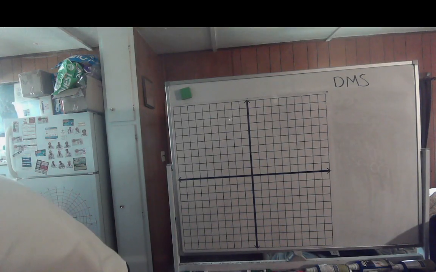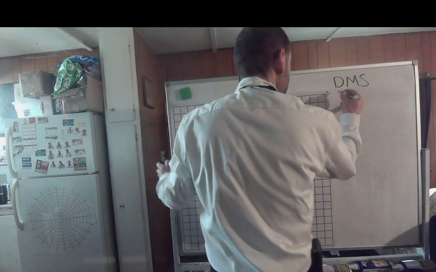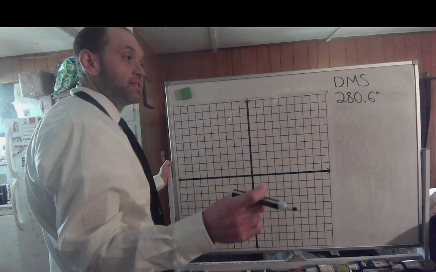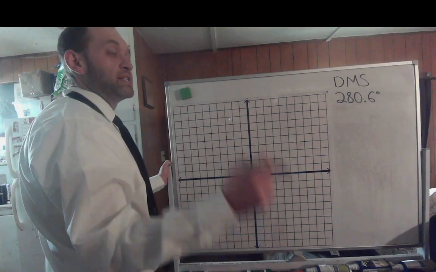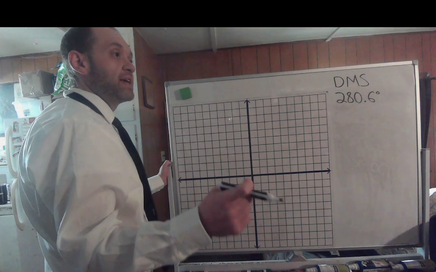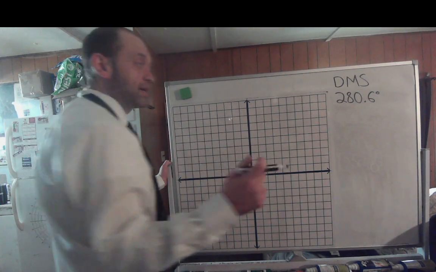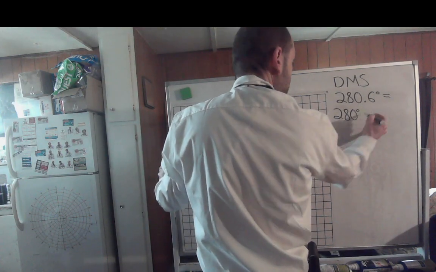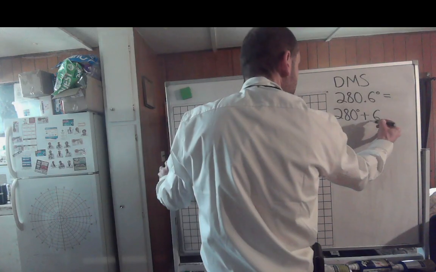Now let's work backwards a little bit. Let's say you're given 280.6 degrees. We need to convert this into degrees, minutes, and seconds. That's exactly what we need to do. So we know we have 280 degrees, right? This is the same as 280 degrees plus 6/10 of a degree.